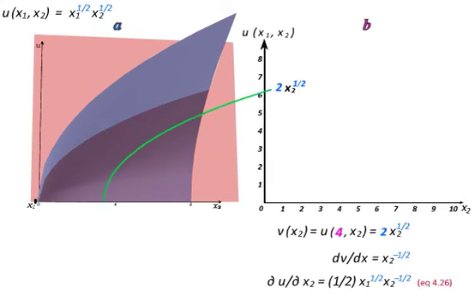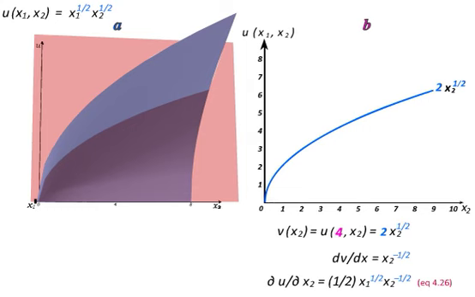We can then evaluate this partial derivative for different values of x1. So if we set x1 equal to 4, for instance, we're again operating on the slice where we've held x1 equal to 4, which is the function v equal to 2 x2 to the 1/2. Before, we already found the slope of this function to be the derivative of v with respect to x2, which was equal to x2 to the minus 1/2.